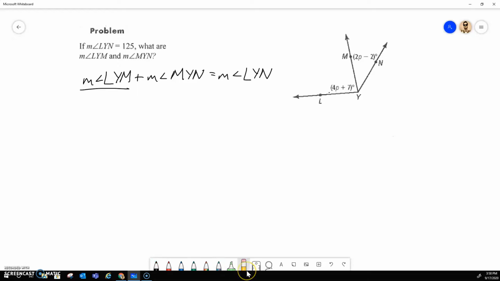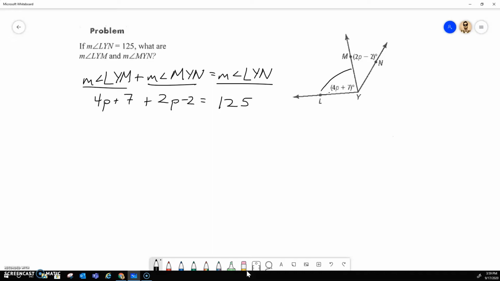So the measure of angle LYM is given as 4p plus 7 degrees. But for the sake of this problem, I'm not going to include that. The measure of angle MYN is given as 2p minus 2. And the measure of angle LYN is given in the original word problem to be 125 degrees.